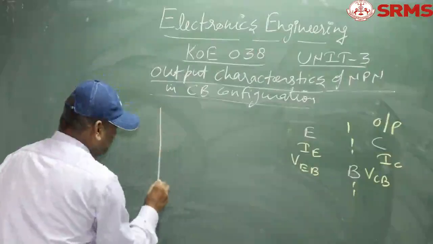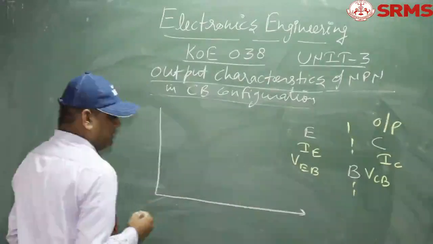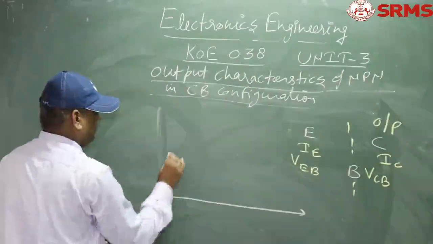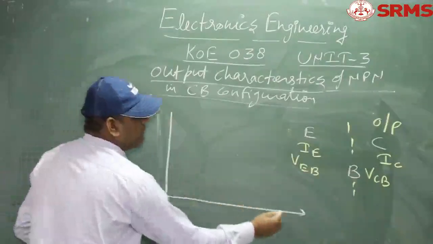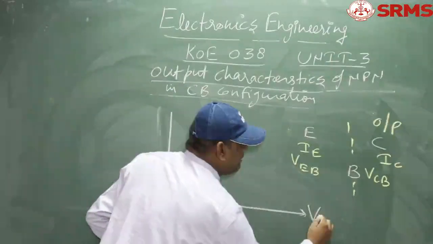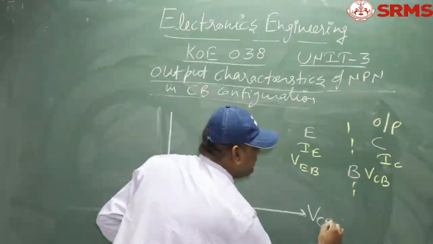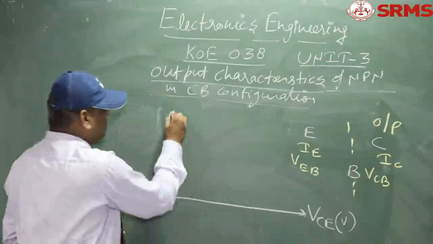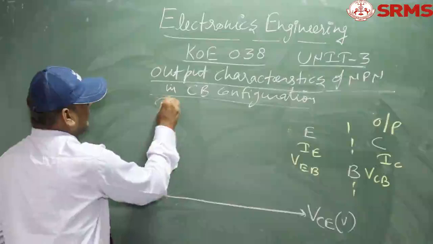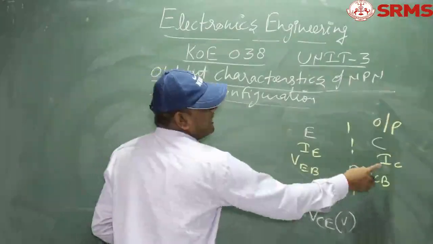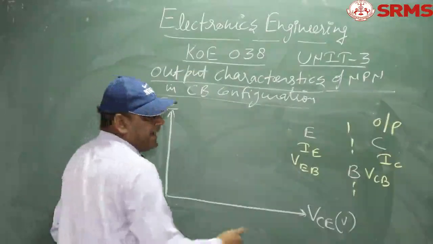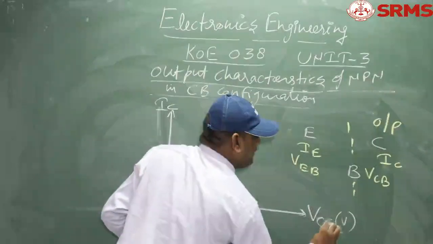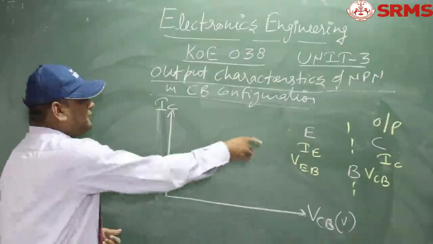So on x-axis we are having the output voltage, VCB in volt, and on y-axis we are having output current IC. Because the base is common, output current is IC, and the output voltage is VCB. And the output current is IC.